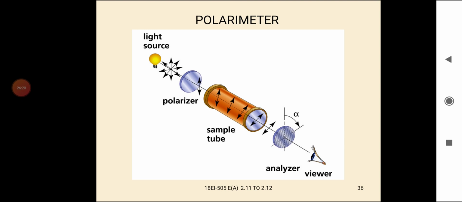The polarized light direction is changed. The change in direction of the polarized light can be analyzed by using an analyzer whose angle can be identified by using a viewer.